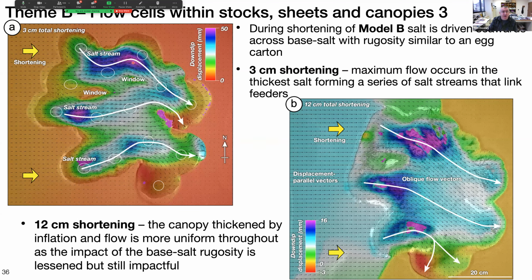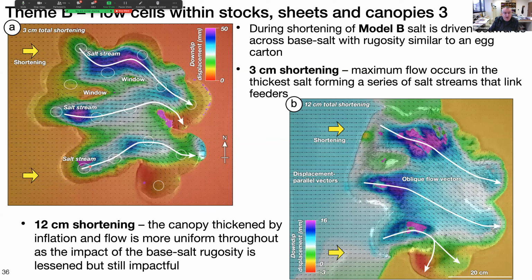What we can see are a series of 3 salt streams here that hook up our feeder systems. And here is where our salt is thicker than elsewhere.